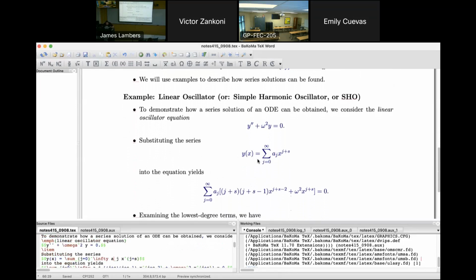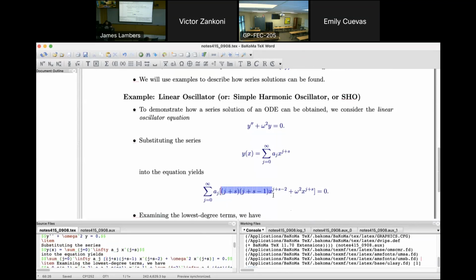And this is what we get. Now, how do we arrive at this? This right here is the second derivative of x to the j plus s. Because you pull the exponent down, that's j plus s. And then the first derivative would be x to the j plus s minus 1.